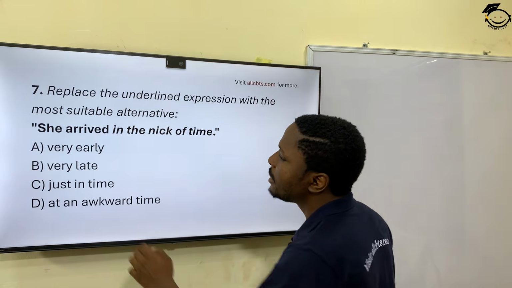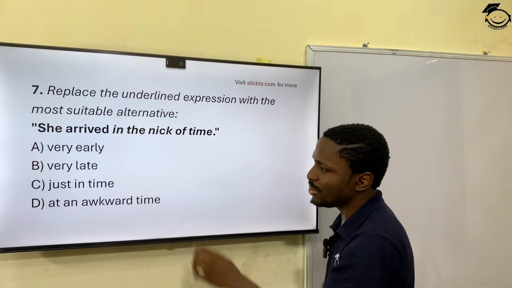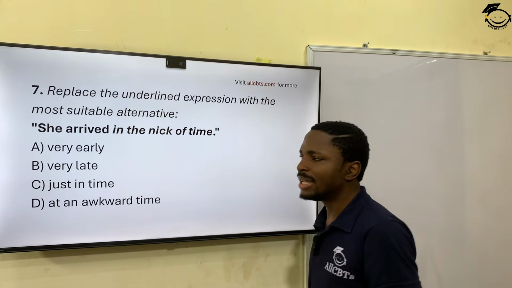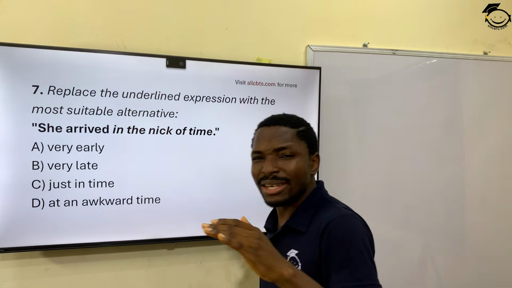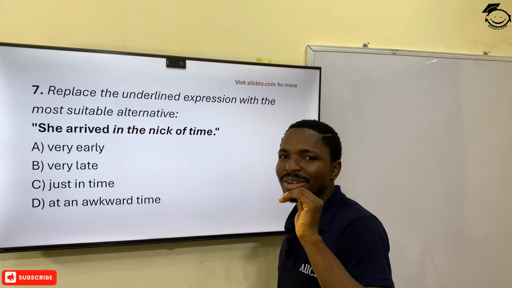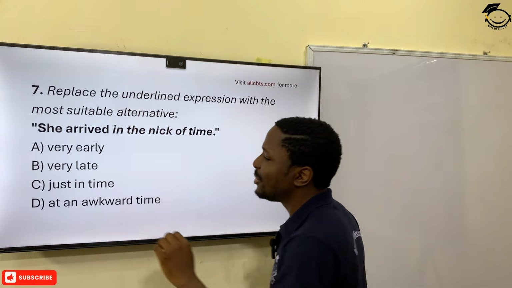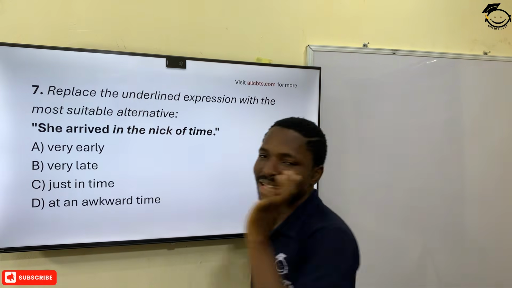Let's see it. She arrived very early. No, because it says in the nick of time. Or another word for this would be in the brink of time. Almost at the exact time. Almost on time. Okay. She arrived very late. She arrived, okay, just in time.